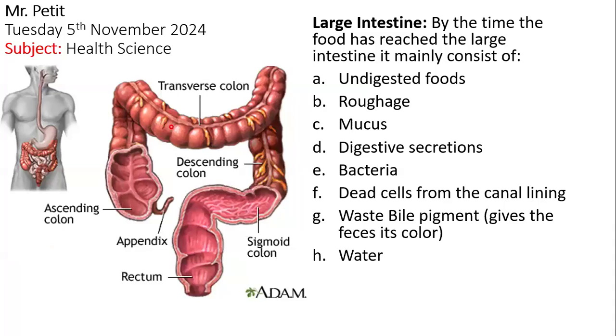The transverse colon, remember like in math, transversal, that line that cuts it in half. Transverse colon, and then you have the descending colon. And then you have the rectum at the bottom here, okay? This is your large intestine. It absorbs the water, and it is where the feces is passed out.